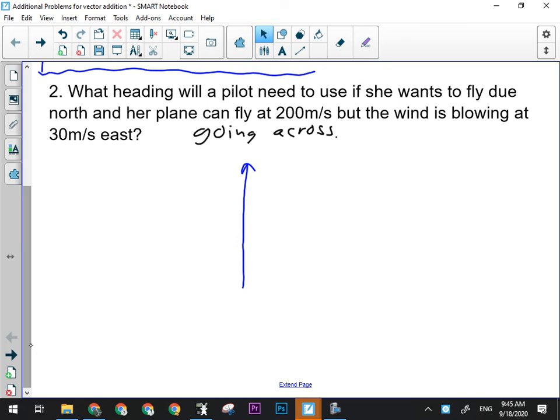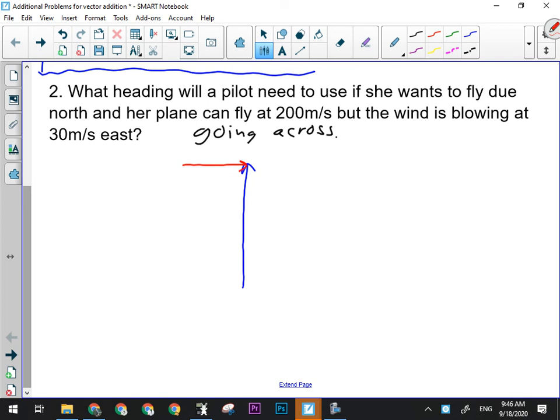Now this is going to seem weird. I just drew those two vectors head to head, didn't I? Why is it okay that I did that? Because the blue line is my resultant. It's not one of the two vectors, it's the product of those two vectors, okay?